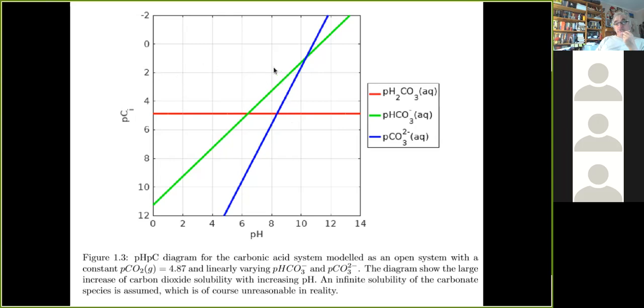What pH do we need for finding the concentration 10 to the minus 2? This is something like 9, a little bit above pH 9. And 10 to the minus 2, that is 0.01 moles per cubic decimeter, which is not extremely much, but neither is it negligible. It will affect a lot of things in sea or lake water like that.